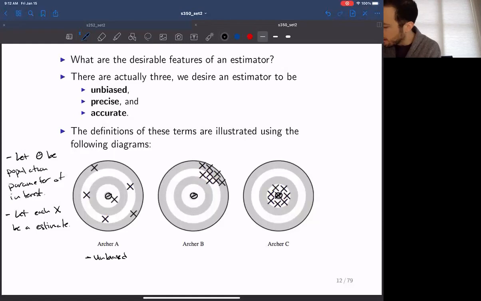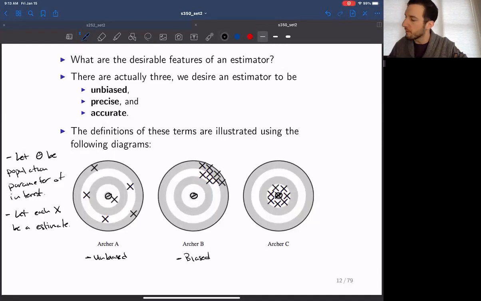Now for Archer B, in contrast, this would be an example of a biased estimate. This estimate is biased because if you were to take the average across all of the different X marks on the dartboard for Archer B, this would clearly not average out to be equal to theta, right?